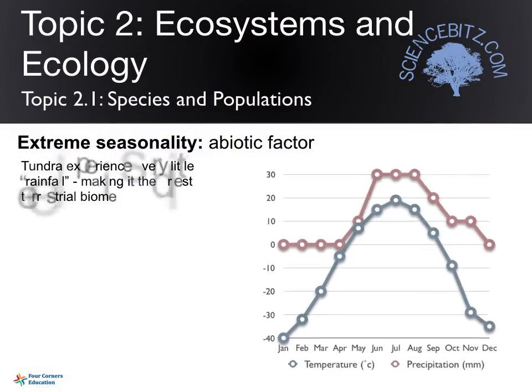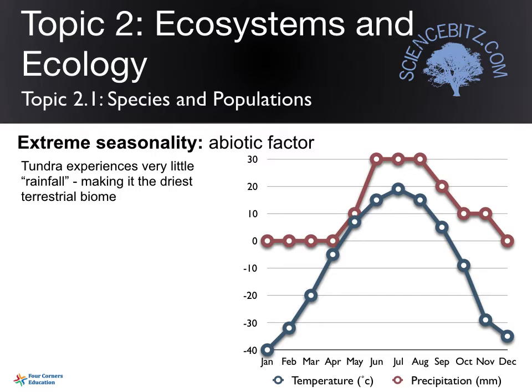What this leads to is extreme seasonality. And there's an interesting thing here, that at the tundra, rainfall is actually very, very low. And if you look at this graph, we've got precipitation and we've got temperature. Between January and April, there's actually no precipitation at all. Very little snow actually falls.